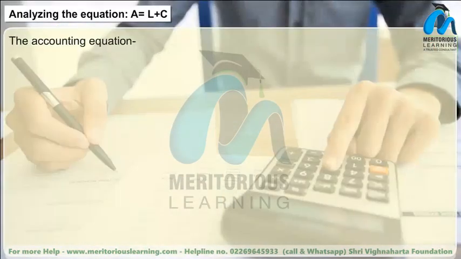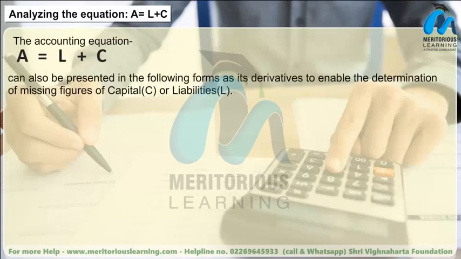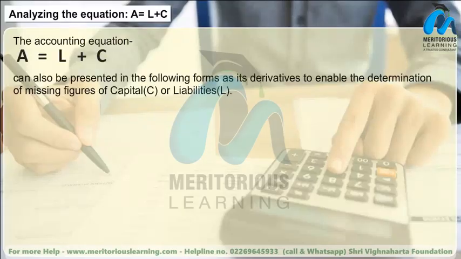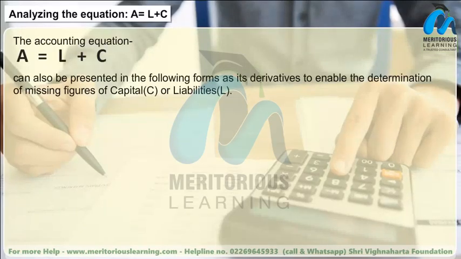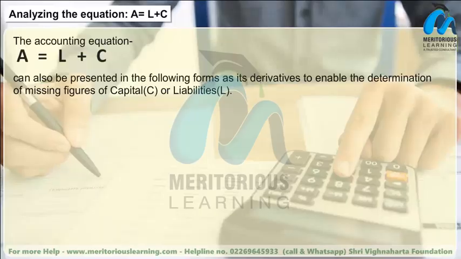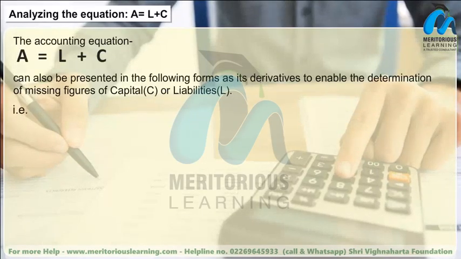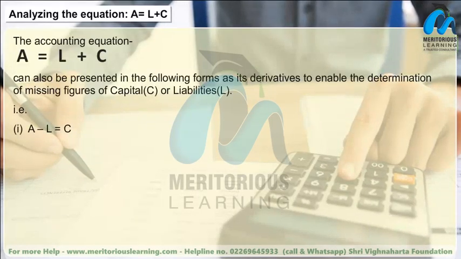The accounting equation, A = L + C, can also be presented in the following forms as its derivatives to enable the determination of missing figures of capital C or liabilities L. That is, 1. A minus L is equal to C. 2.